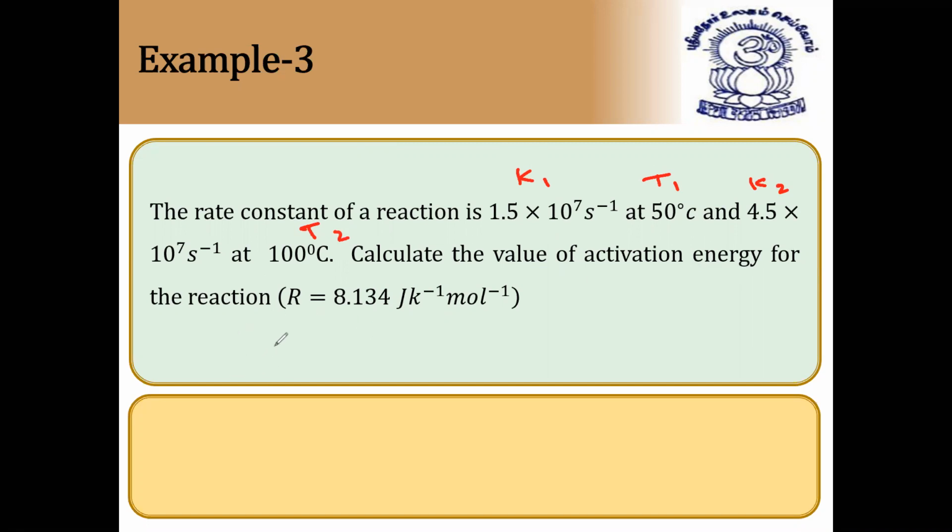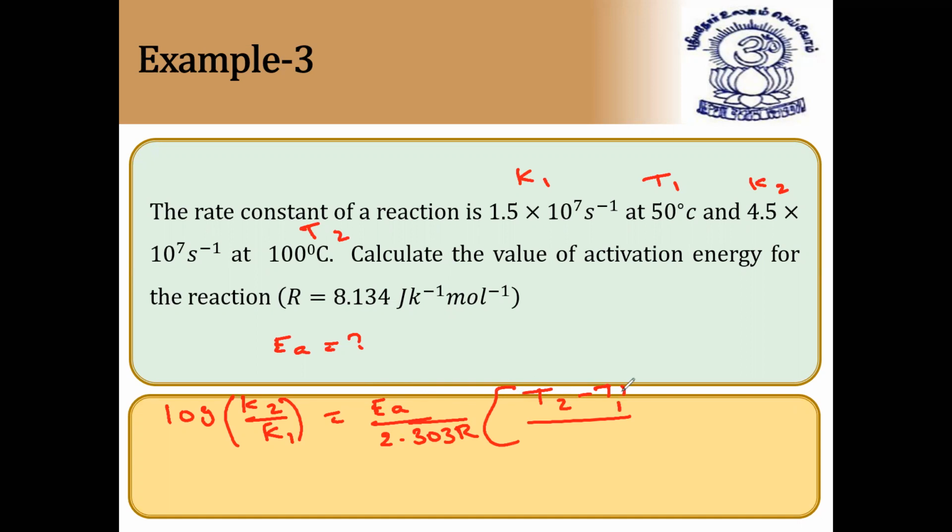So EA is equal to how much they are asking, and we know the equation log of K2 by K1 is equal to EA by 2.303 R into T2 minus T1 by T1 T2.